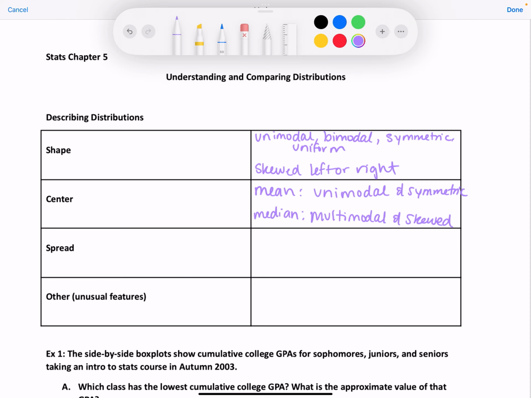For spread, we use standard deviation, I'm just going to abbreviate that to SD, if it is unimodal and symmetric. IQR, so remember that's interquartile range, if it's multimodal and skewed.